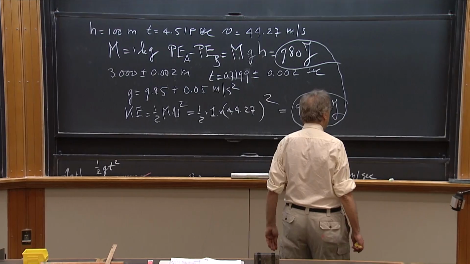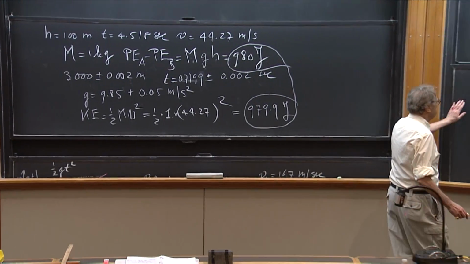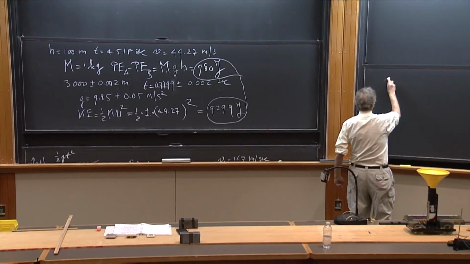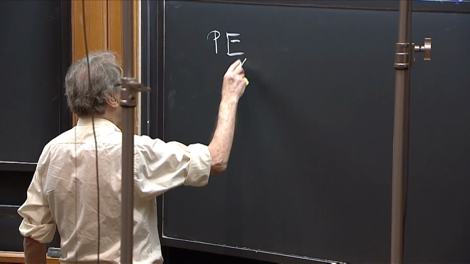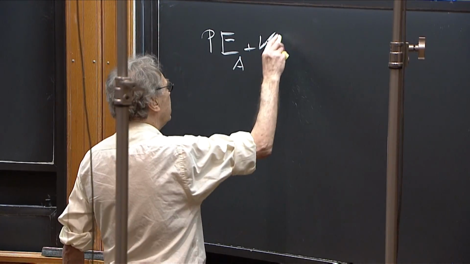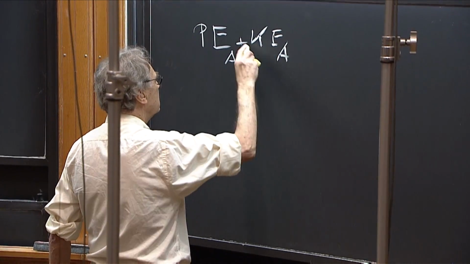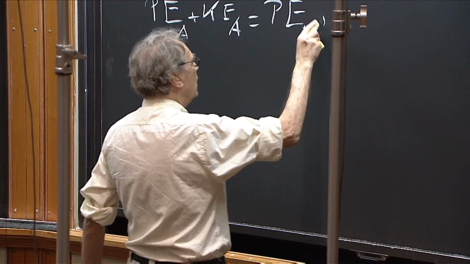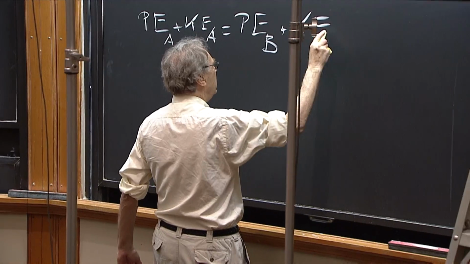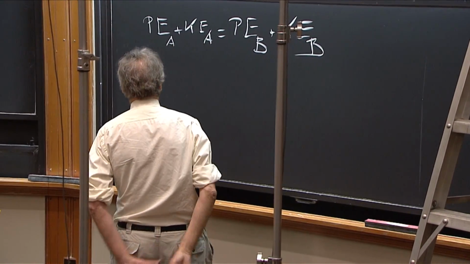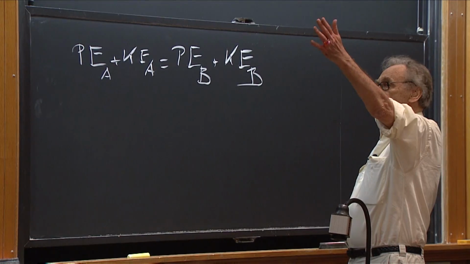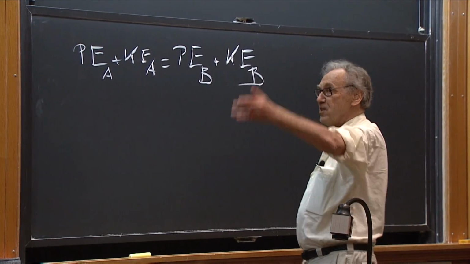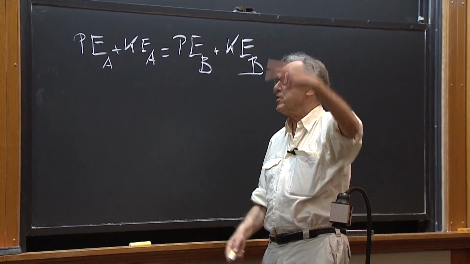If I write this down in a more general term, then I can write down that the potential energy at A plus the kinetic energy at A is the same as the potential energy at B plus the kinetic energy at B. Now, we agree that if the object is at A, it has no speed because we drop it with 0 speed.